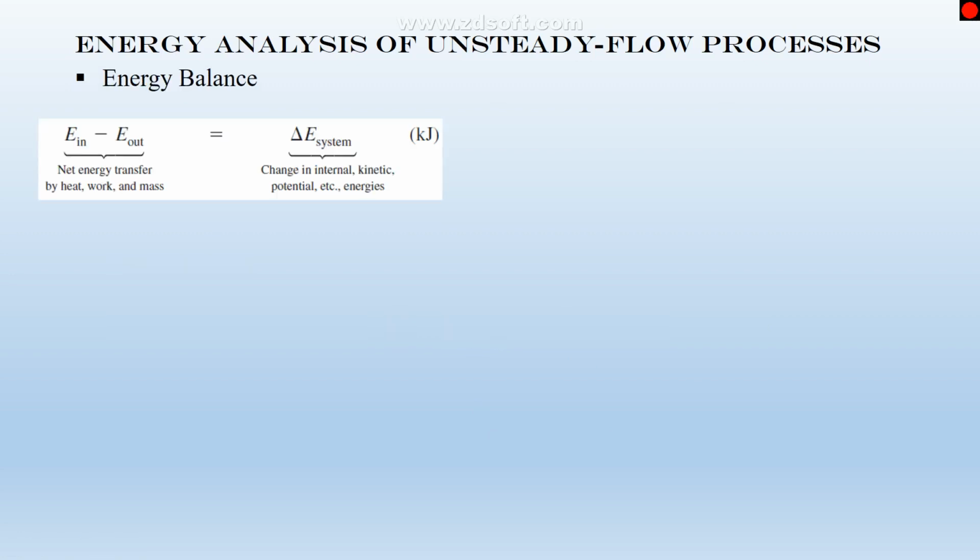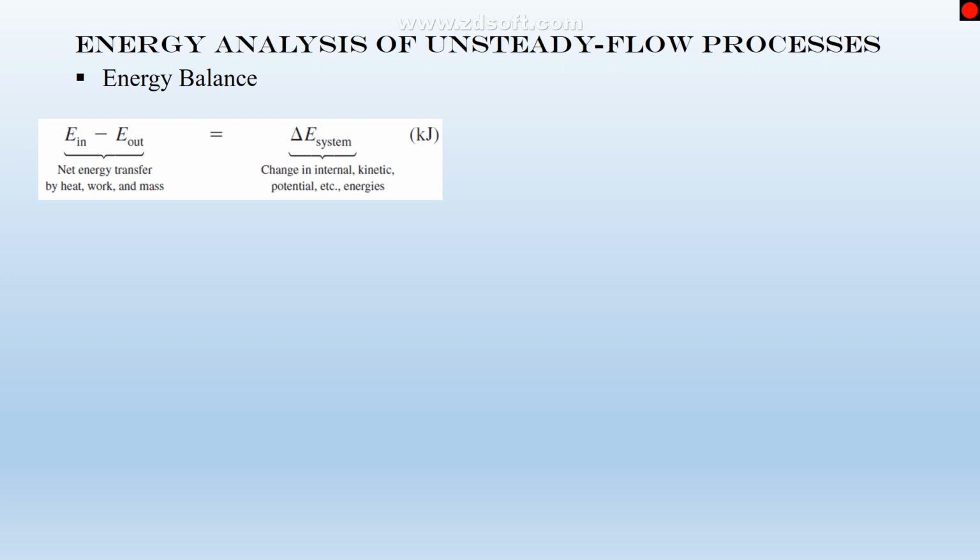For the energy balance for unsteady flow processes, you can start from this general equation. This is the energy balance equation: E in minus E out equals delta E system. If you remember, we already discussed that heat, work, and flow work can cross the boundaries.